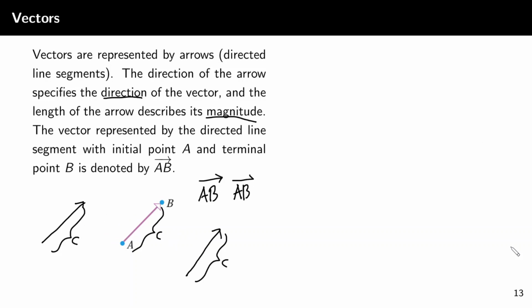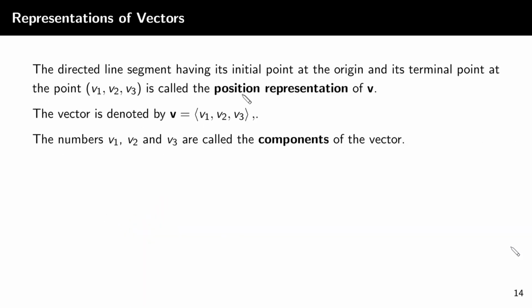Now, we have a representation which is unique to any vector, and that is called the position representation of that vector: the directed line segment having its initial position at the origin and its terminal point at the point v1, v2, v3. That will be the position representation of that vector.